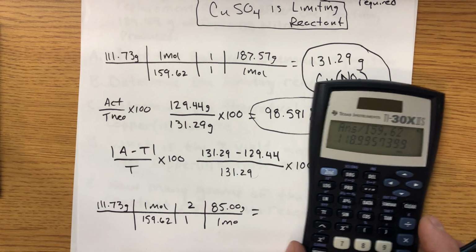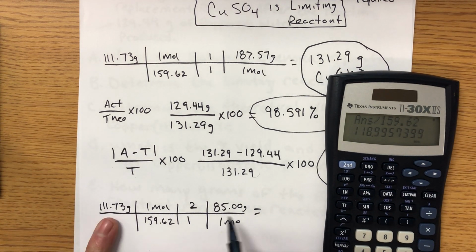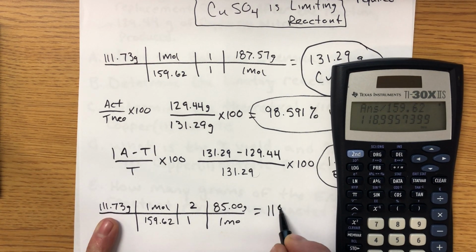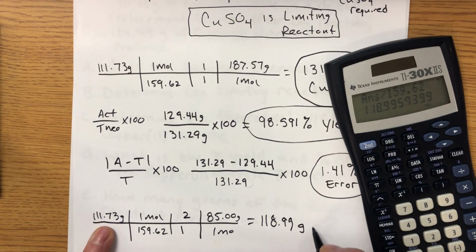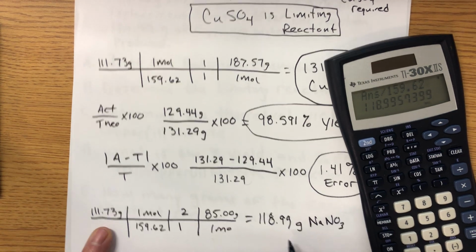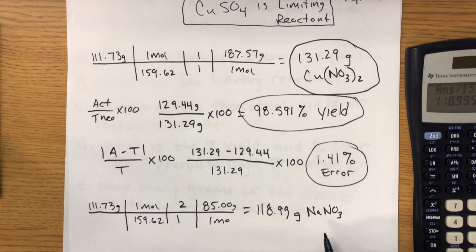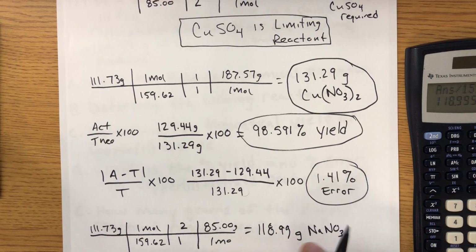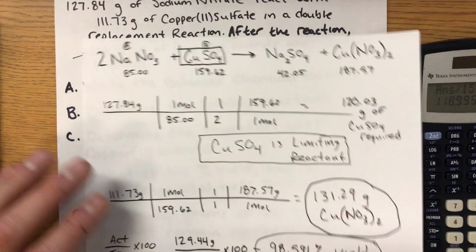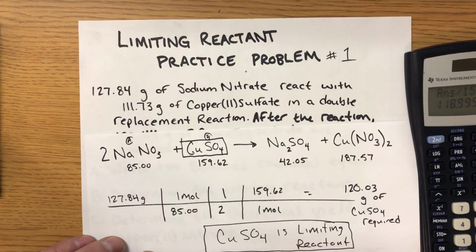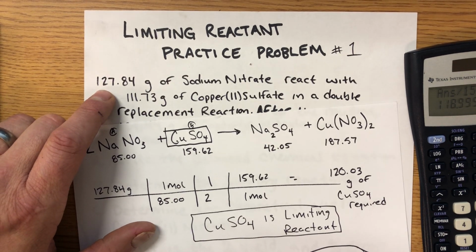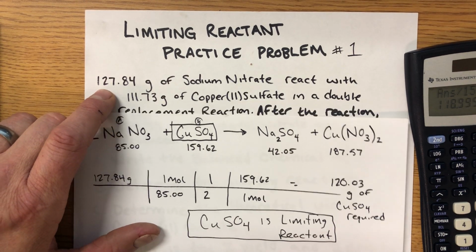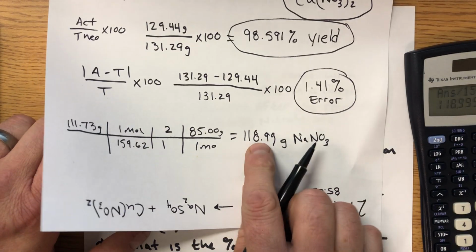We used 118.99 grams of the sodium nitrate. So that's the amount of sodium nitrate that got used. And remember, you have to go back to the problem to see how much of it you had to work with. We had 127.84, and of that we only used what we just calculated, 118.99.